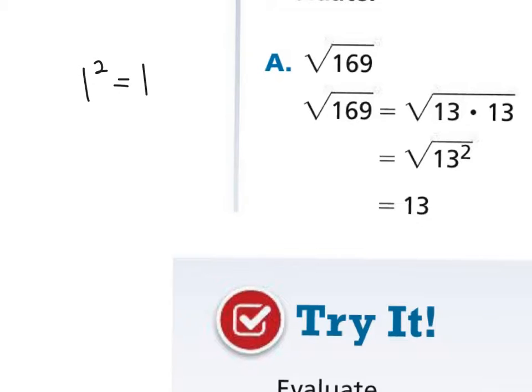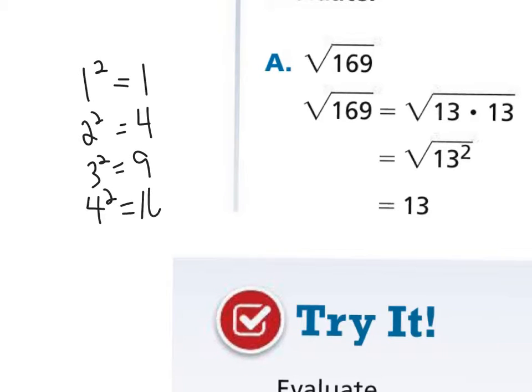Like 1 or 11. 11 squared is 121, and so on. Anything that ends in 1, the square of that number is going to end in 1. Anything that ends in 2, 2 times 2 is 4. So any number that ends in 2, the square is going to end in 4. Like 12 times 12 is 144. 3 squared is 9.